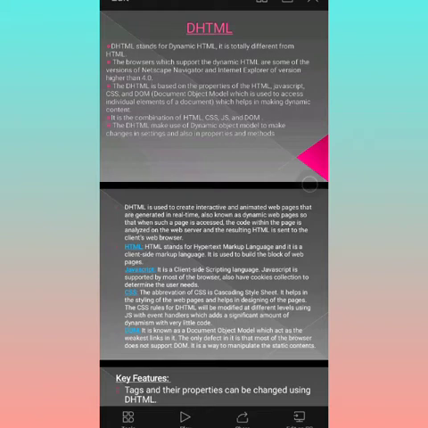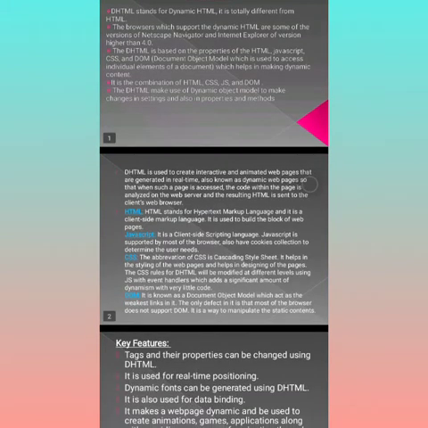DHTML is based on the properties of HTML, JavaScript, CSS, and DOM, the Document Object Model, which is used to access individual elements of a document, which helps in making dynamic content. It is the combination of HTML, CSS, JS, and DOM.